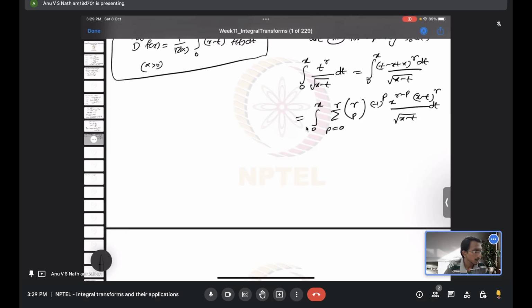So this you may write as the sum over p from 0 to r of r choose p, minus 1 the whole raised to p, x raised to r minus p, just that 0 to x, x minus t the whole raised to r minus half, dt. So you can evaluate this integral, then combine with the remaining binomial terms, you will get a solution.